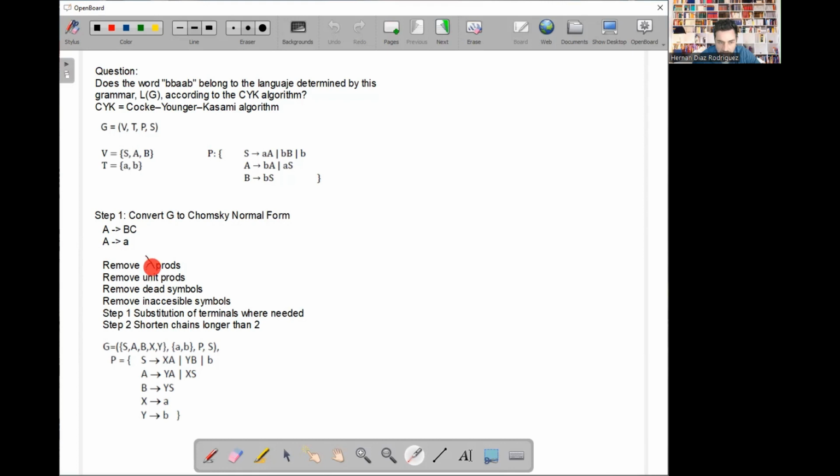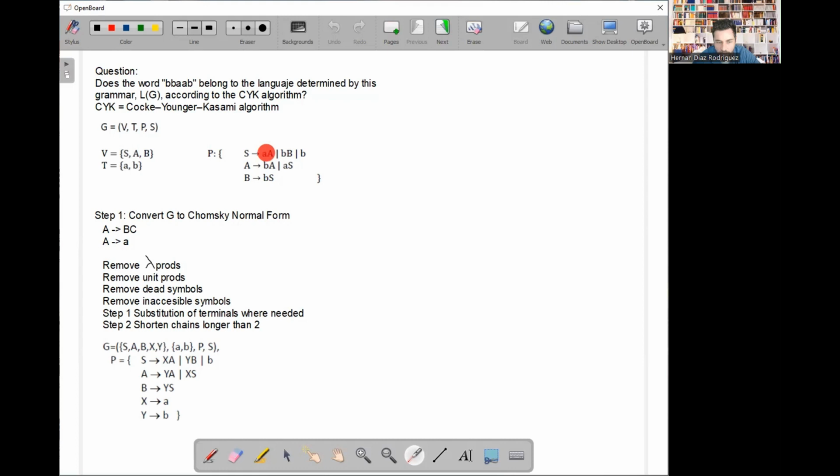Okay, so once the grammar is simplified, we proceed to convert it to Chomsky Normal Form. And for this, the first step is the substitution of terminals where it's needed. And in this case, it will be needed everywhere when they appear with a variable.